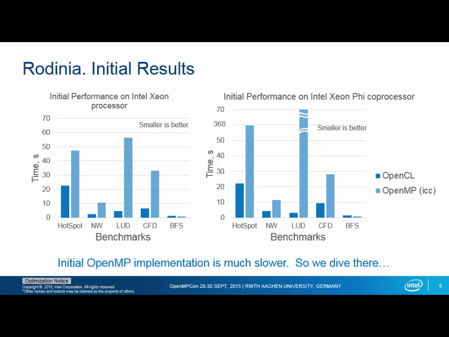Especially for the LU decomposition benchmark, we have a huge performance gap, more than 100x. We decided to go through each of these benchmarks and see what the reasons are for such differences.